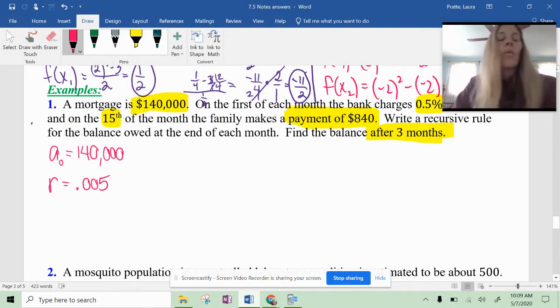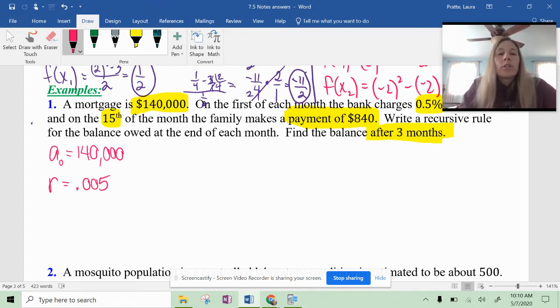Okay, so we're going to be figuring out a geometric recursive rule here. And then we're going to play around with it a little bit, right? The basic point here is that we're starting out with an initial amount at the beginning of the first month, the beginning of the loan, which is $140,000, and our interest rate staying constant throughout the loan. It's that 0.5%, which is 0.005.